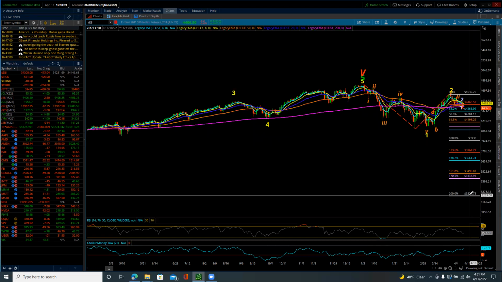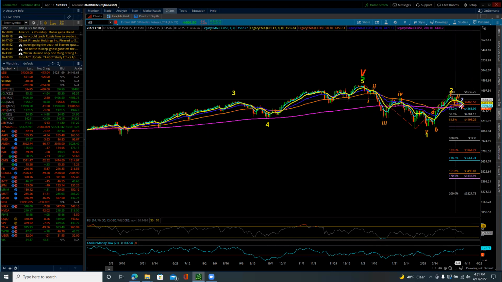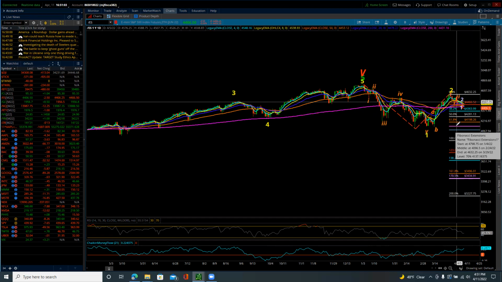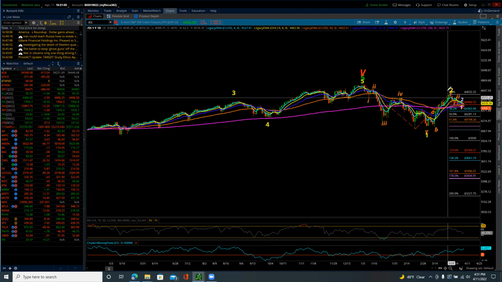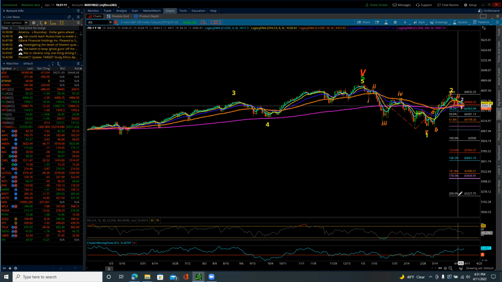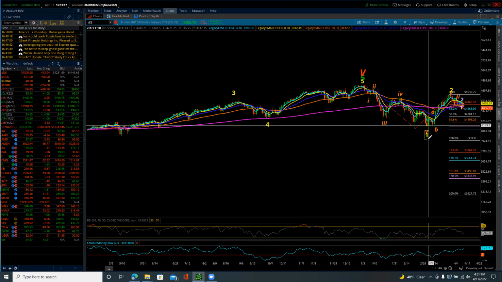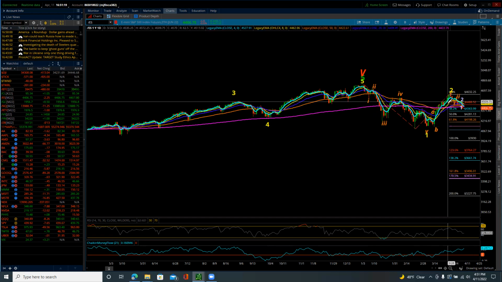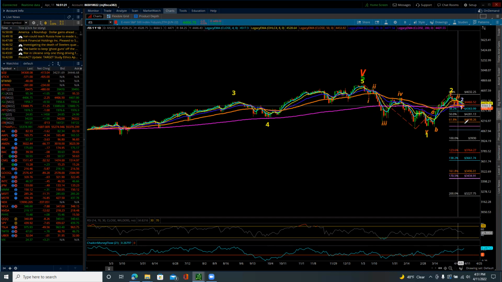How we're going to get there is anybody's guess in terms of the intensity, but this third wave on an intermediate degree is going to be, I believe, the most intense part of this first larger leg of our decline. And so therefore, that's what I am looking for.